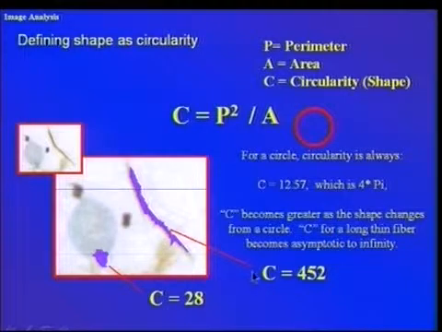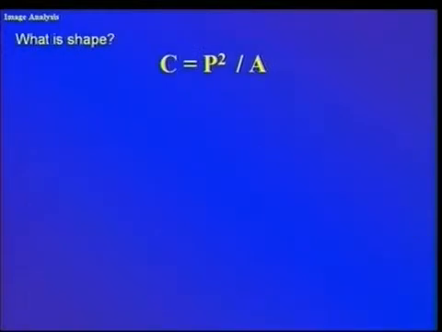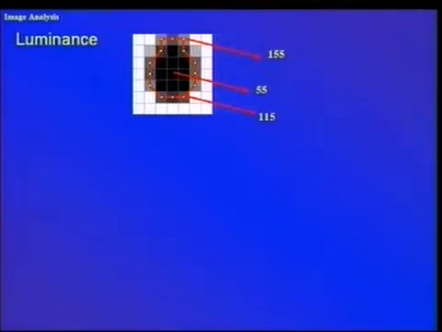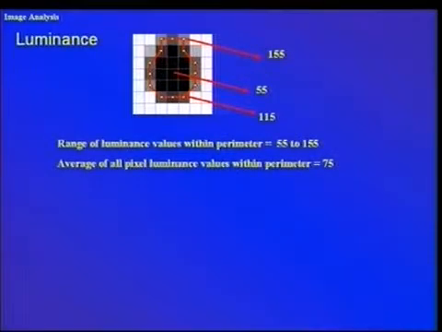And then beyond that, the objects become clumps and fibers, and the number keeps on rising. It is asymptotic to infinity. Shape is the same as circularity, and as I mentioned, it has a minimum of 12.566, and on some of the image analysis systems, you can measure up to 5 different kinds of objects with varying shapes.